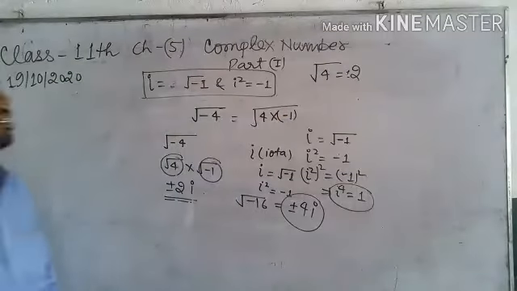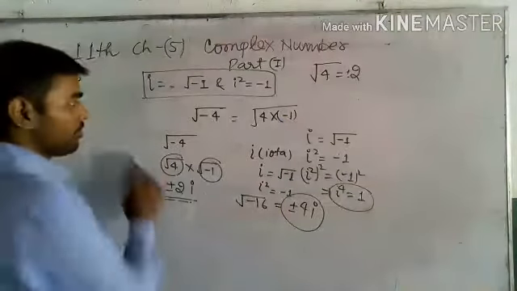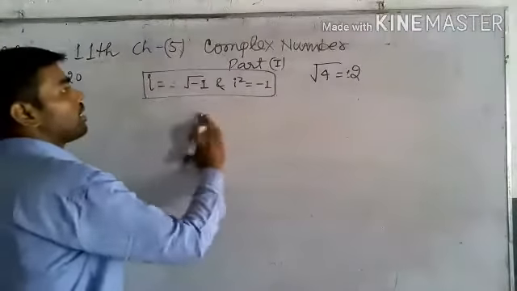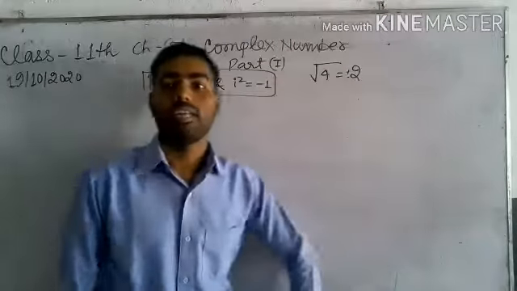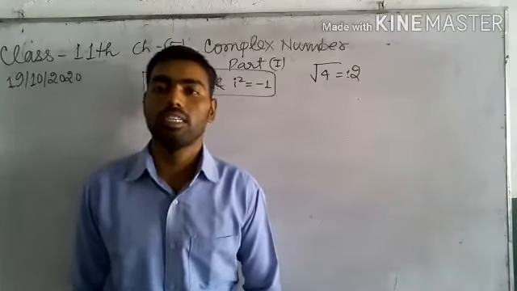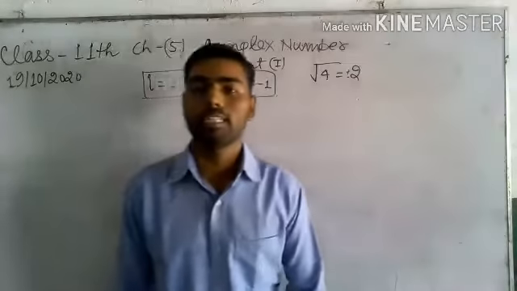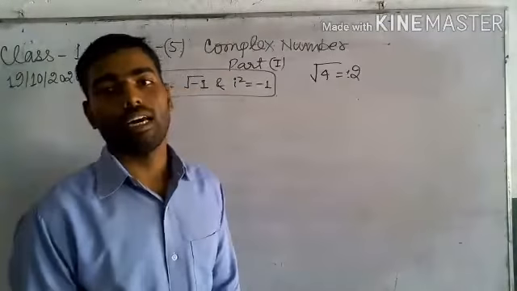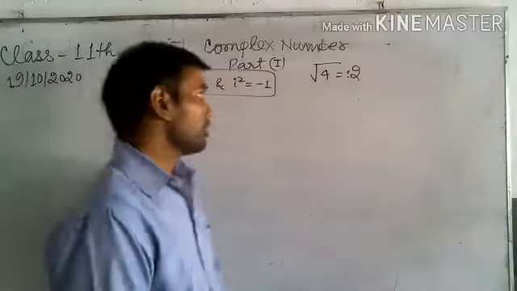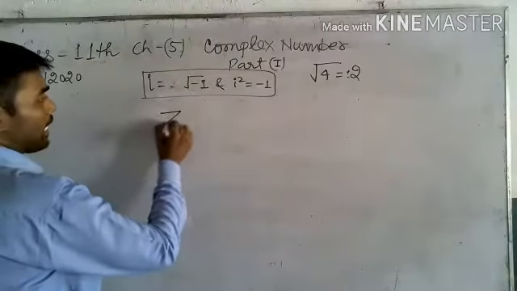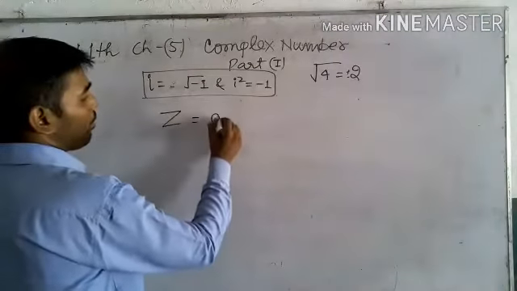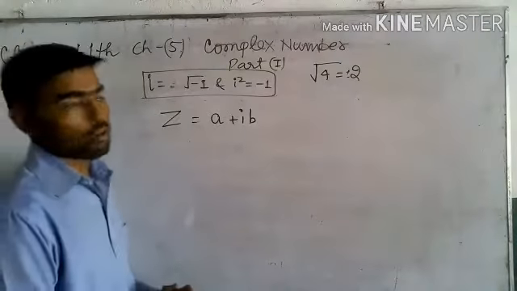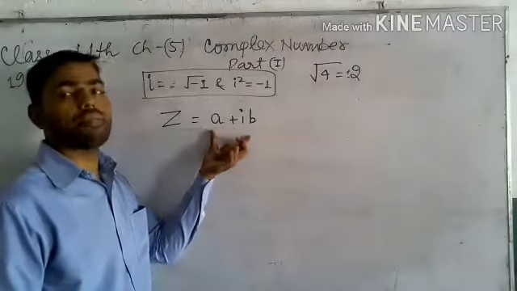Now the formation of a complex number. Natural numbers are denoted by N, integers are denoted by capital Z, rational numbers are denoted by Q, irrational numbers are denoted by T. So complex numbers are denoted by Z. Z is equal to a plus ib.